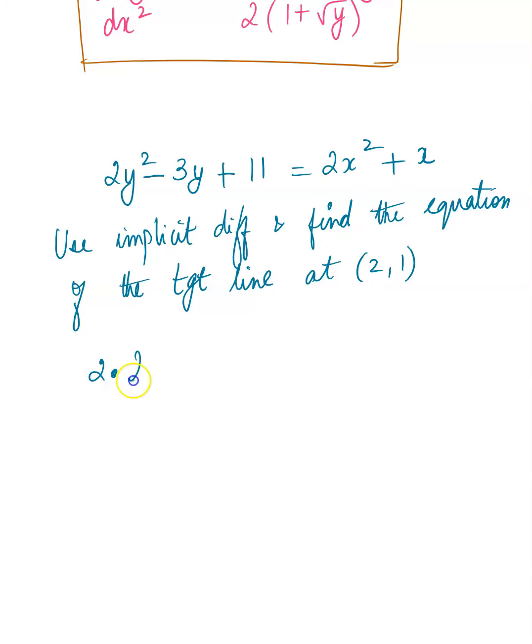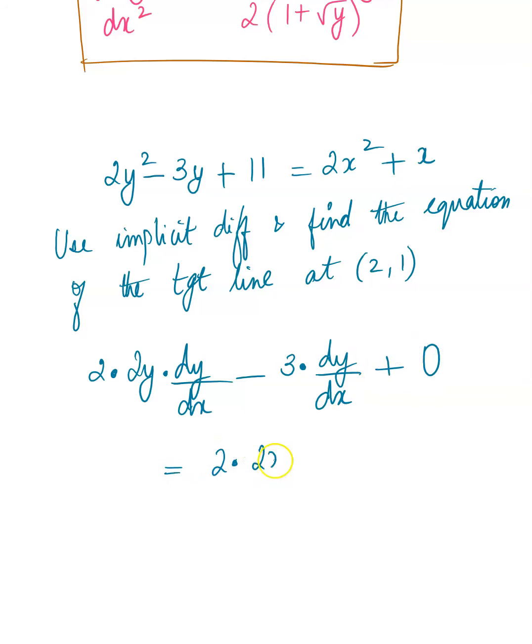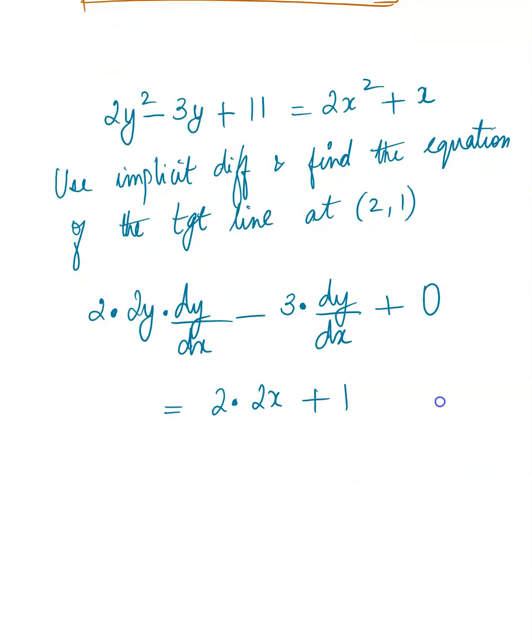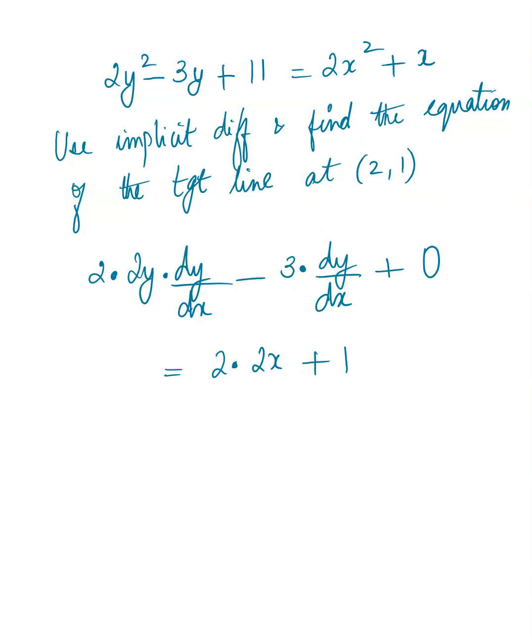2 times 2y dy over dx minus 3 times dy over dx plus 0 for the 11 equals 2 times 2x plus 1. The derivative on the right hand side were all x's, so no problem there.